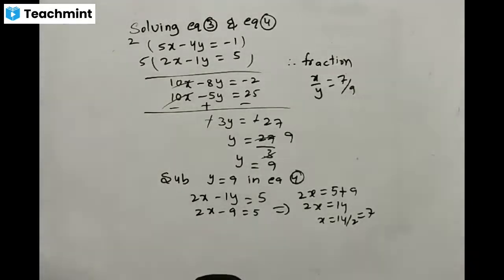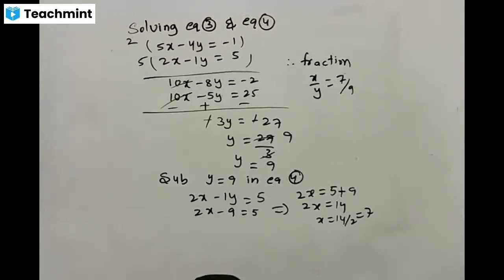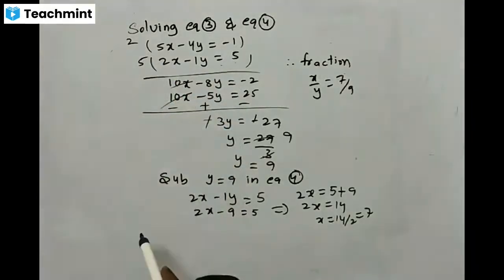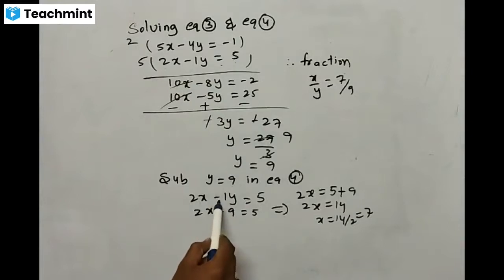Sir, once again explain the down processes. Substitution here: 2x minus 1y is equal to 5. So 2x minus 1 into y, 9 here, that is equal to 5. 9 is going to right side, becomes 14. 14 by 2 is 7.